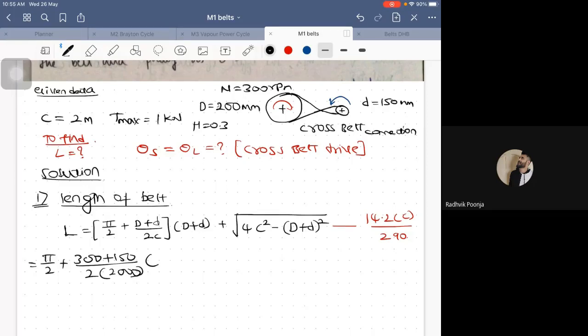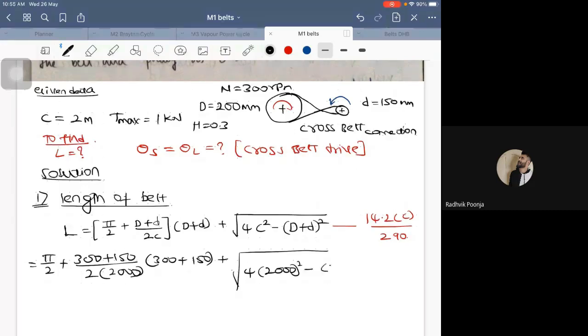Then capital D plus small d, which is 200 plus 150, plus the square root of 4 times C square, which is 2000 whole square, minus 200 plus 150 whole square. Please give me the length of the belt in mm.